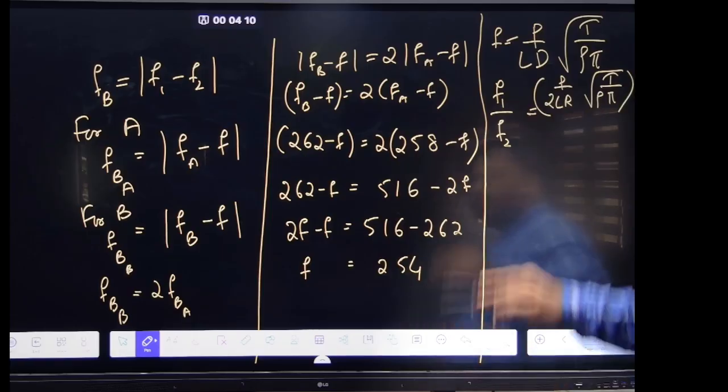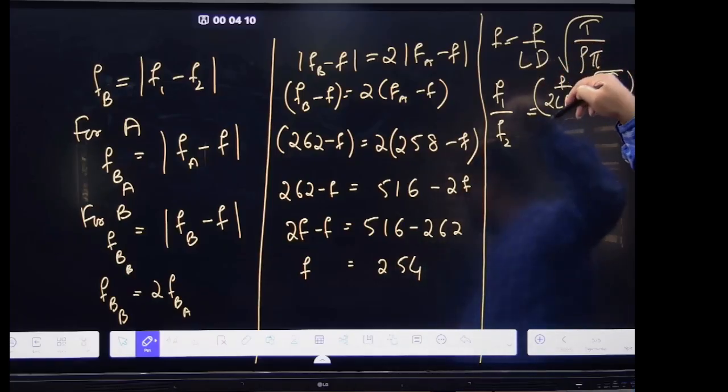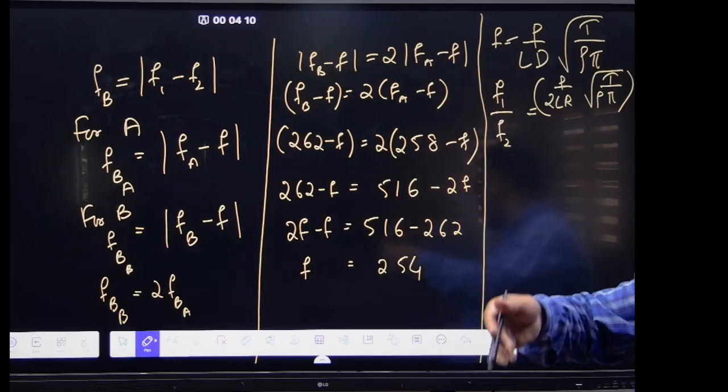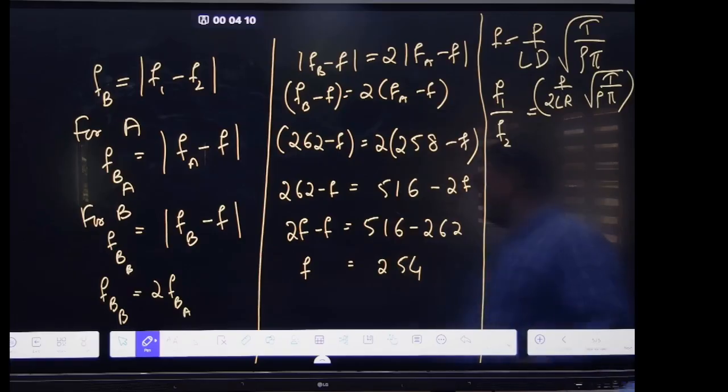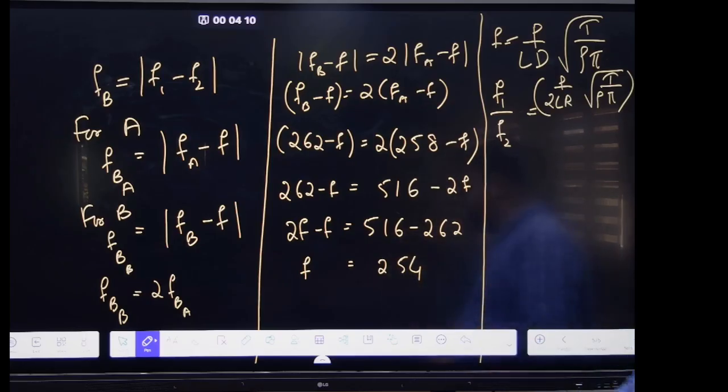Why? Because D is in the denominator, and in the numerator also we will have D, and both of them will cancel off. So not an issue if we keep this as diameter only, or convert it to radius. Of course, if it was the board examination, then definitely we have to change it, because your marks depend on that. This is CET, so not an issue.